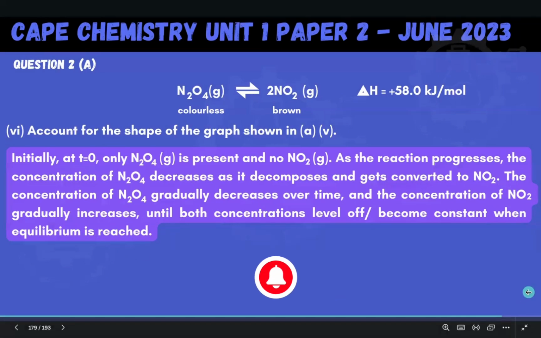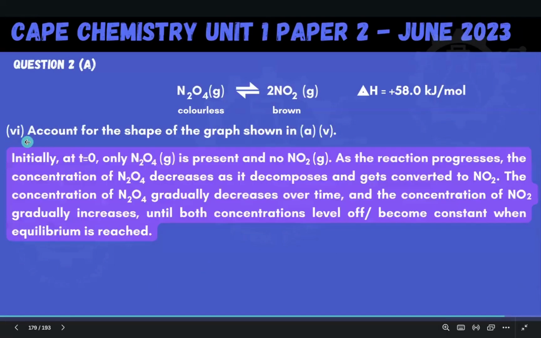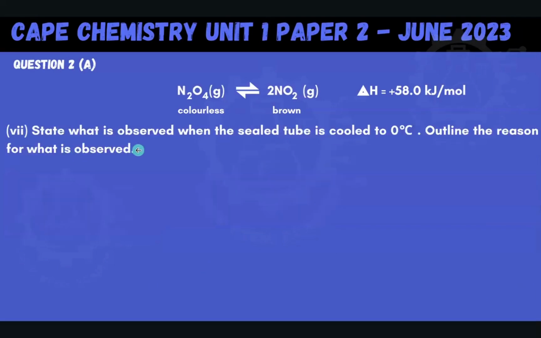So moving right along to part 7. Part 7 says, state what is observed when the sealed tube is cooled to 0 degrees Celsius. Outline the reason for what is observed. So let's think about that a little bit. In the original question, they told us that equilibrium was attained at room temperature.